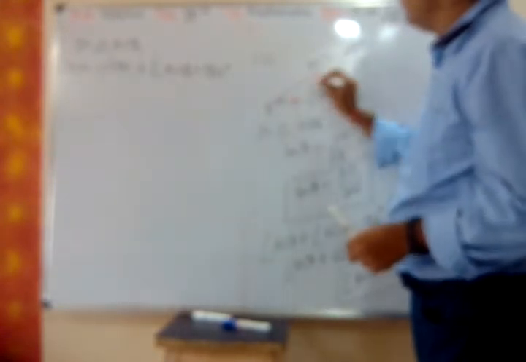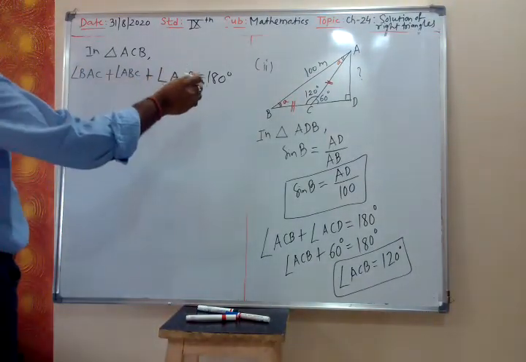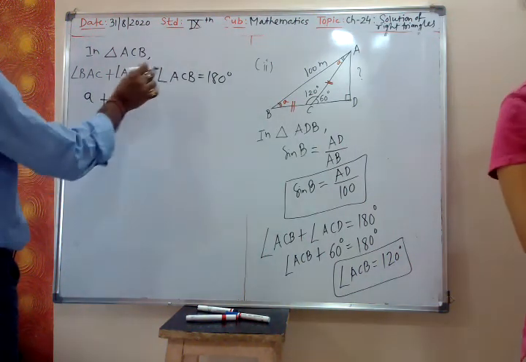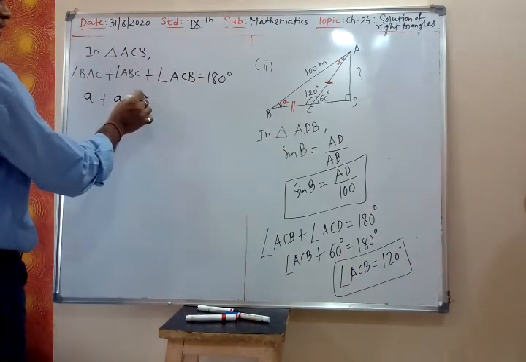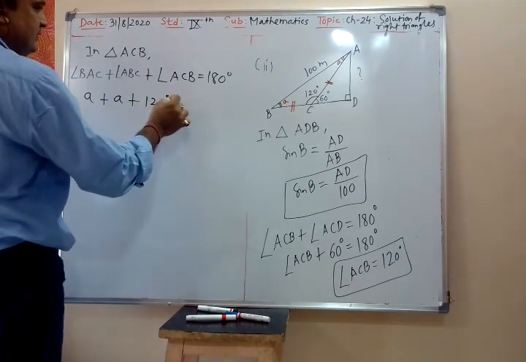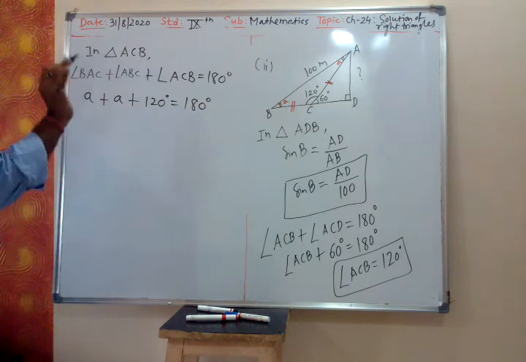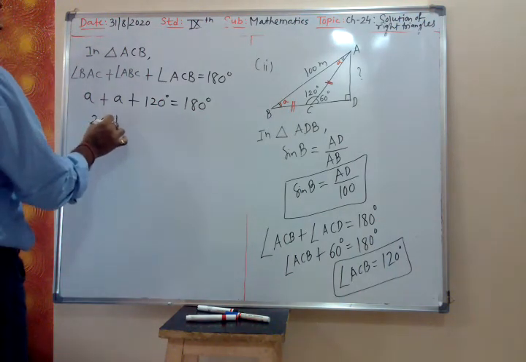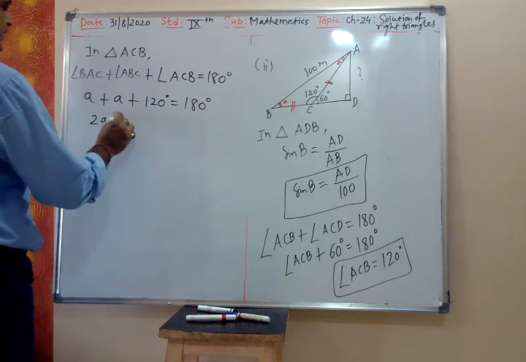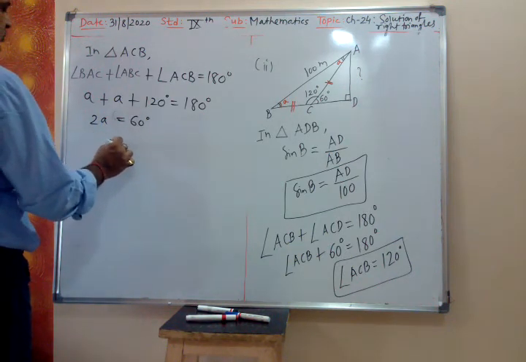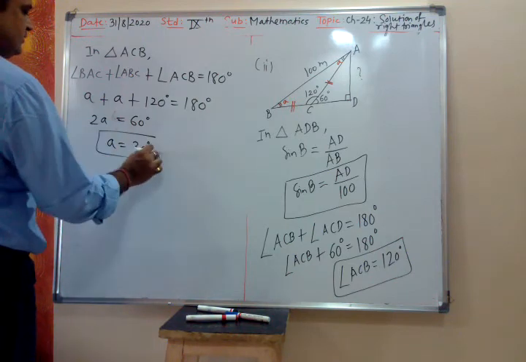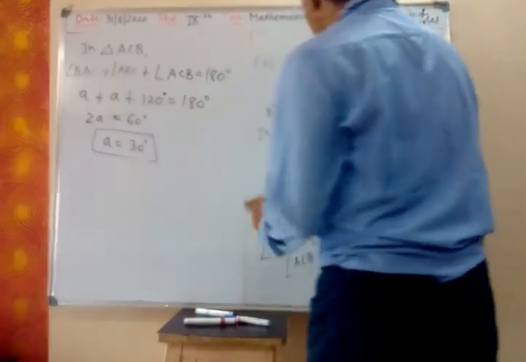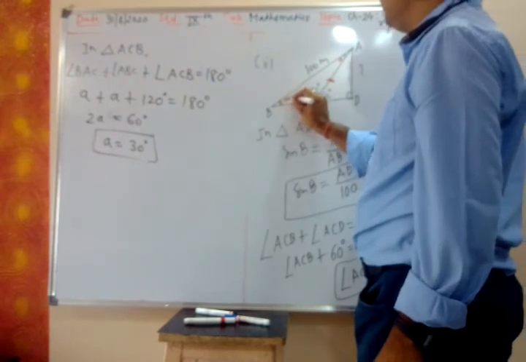So let us consider these two angles as A. Angle BAC is A, angle ABC is A, angle ACB is 120 degree, sum is 180 degree. So A plus A is 2A. 2A is equal to 180 minus 120, which is 60. So A is equal to 30 degree. So my angle B is 30 degree.